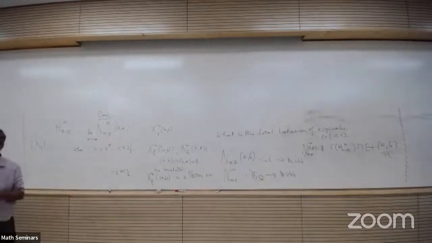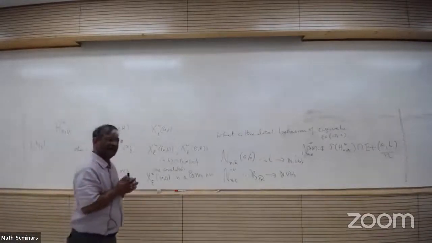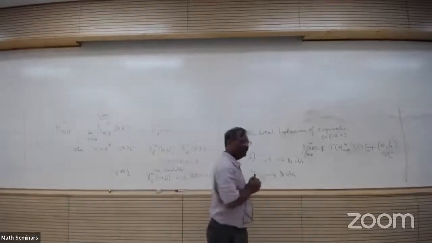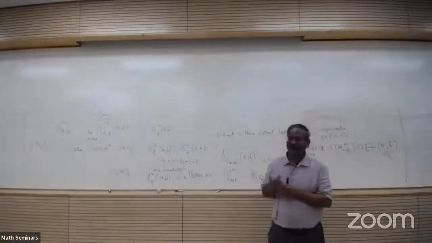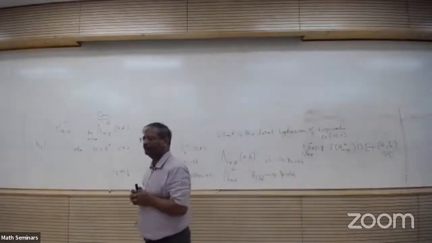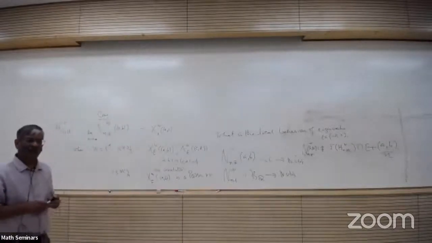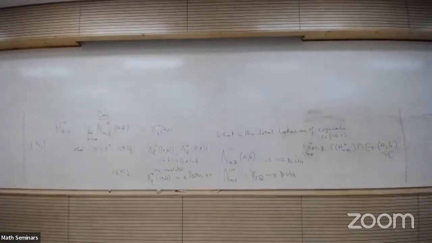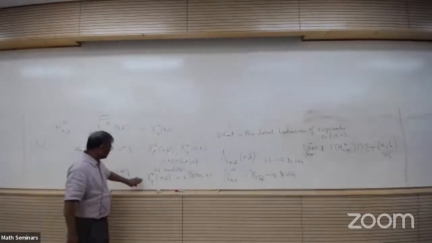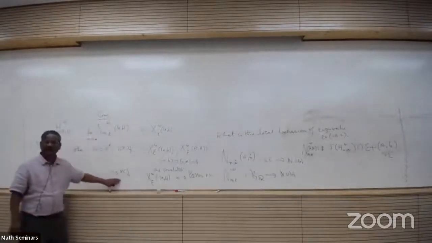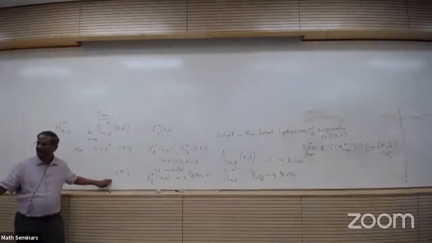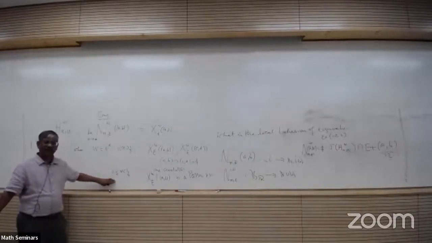There's a huge amount of work on it, like Manju in IAS, Terence Tao, and so on. So lots of high-powered people have worked on this. Whereas this part of it, nothing is known. When alpha is positive, nothing is known.